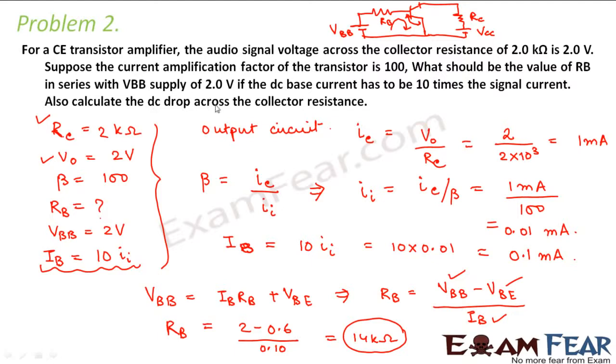Now also we have to calculate the DC drop across the collector resistance. So for that we will have to calculate the DC current through the collector resistance. Now IC divided by IB is equal to beta. So from this I can calculate IC is equal to beta into IB. Beta is 100 and IB was calculated as 0.1 milliamperes.